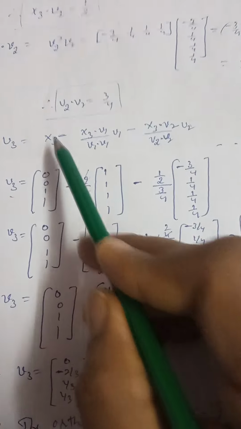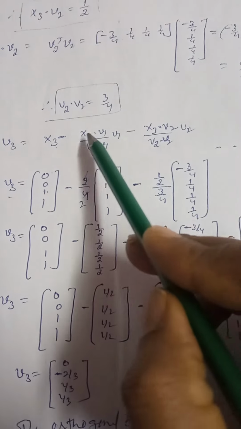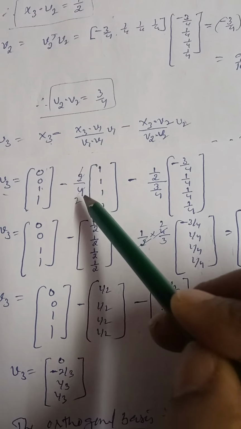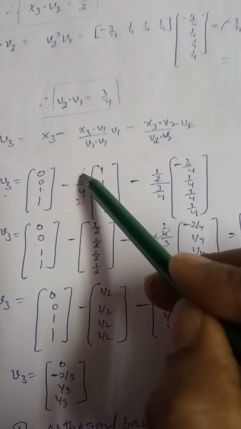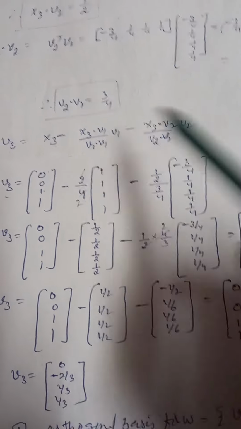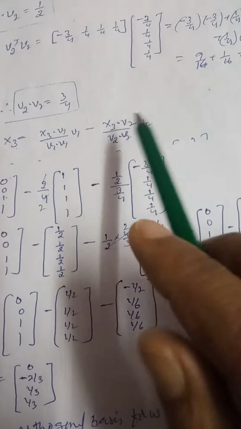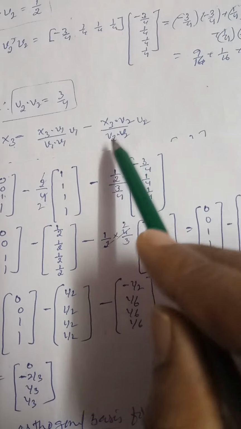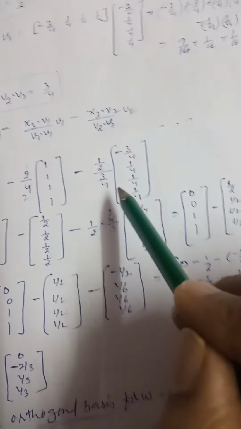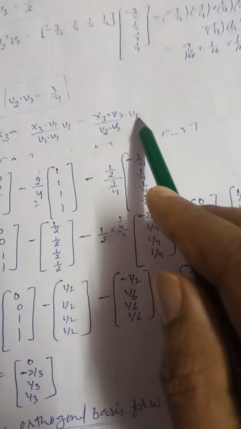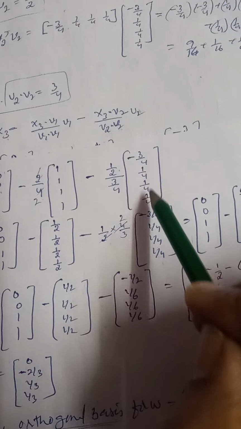V3 is equal to x3, which is 0 0 1 1, minus x3 dot V1 which is 2, by V1 dot V1 which is 4, into V1, this matrix. Now 2 times cancel, 1 by 2. Then minus x3 dot V2 which is 1 by 2, by V2 dot V2 which is 3 by 4, into V2. V2 is minus 3 by 4, 1 by 4, 1 by 4, right? This one as it is.